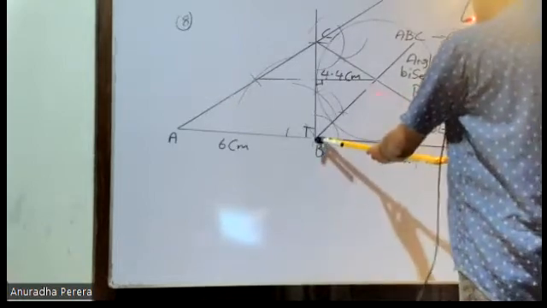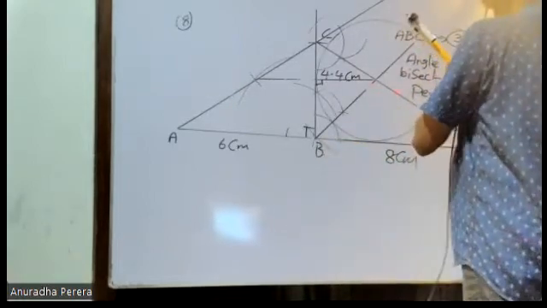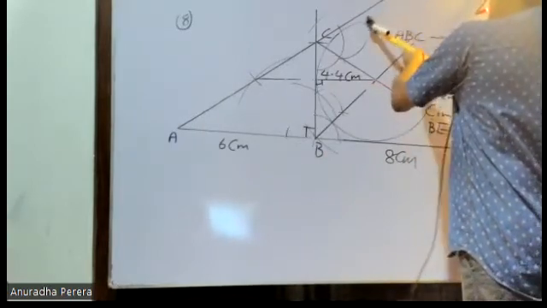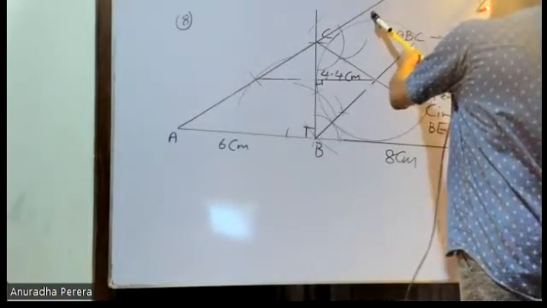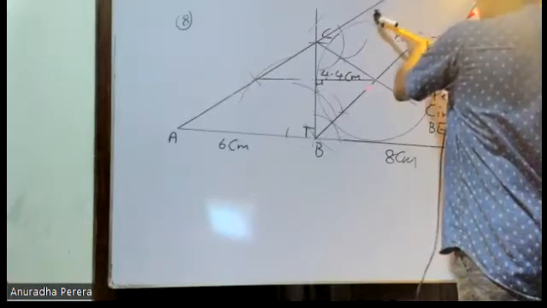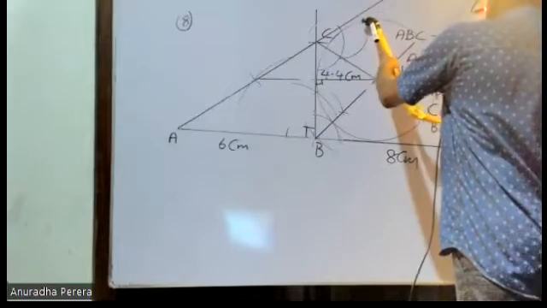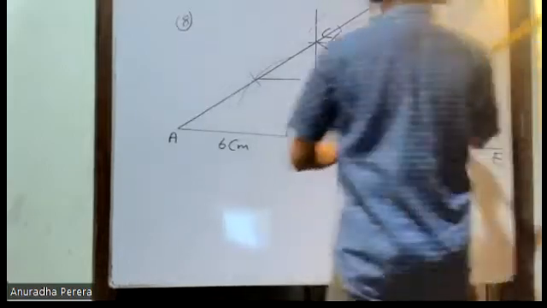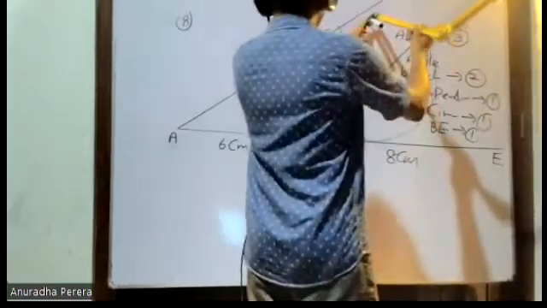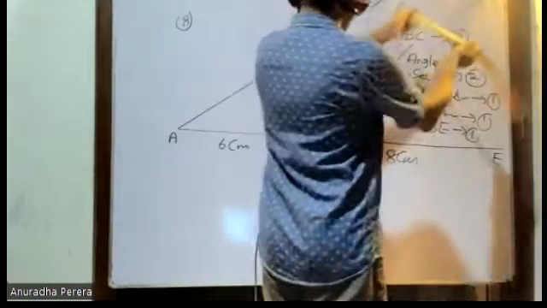Then you can measure EB, and the same length can be obtained on this circle like this. Measure like this and mark it here.